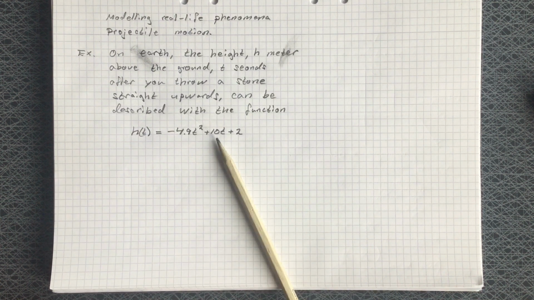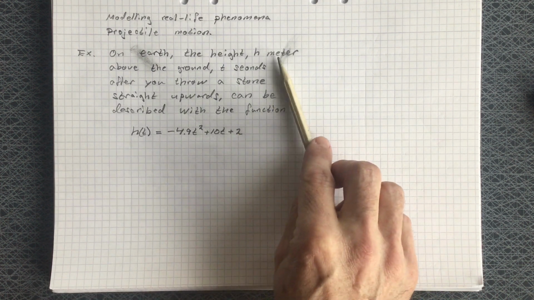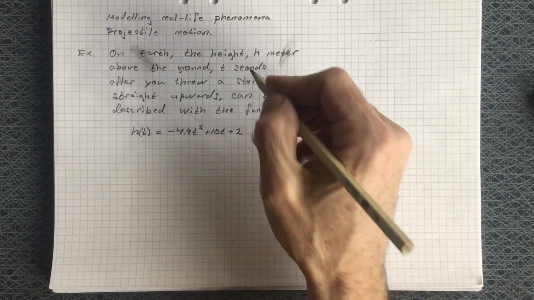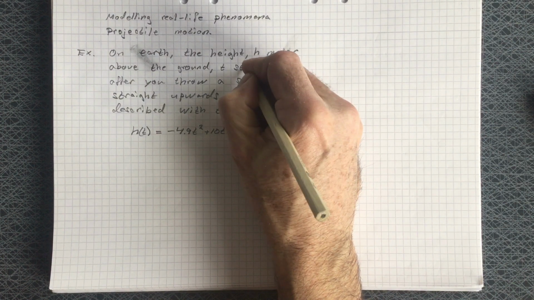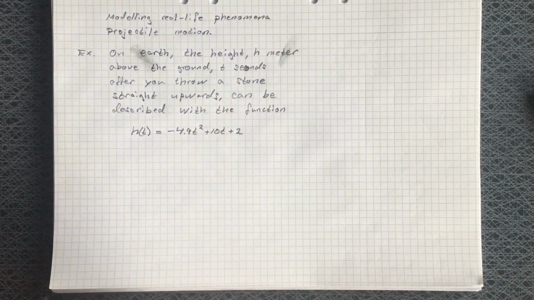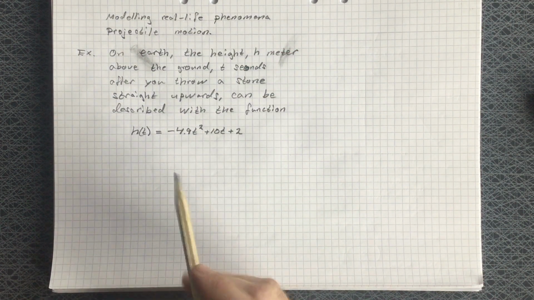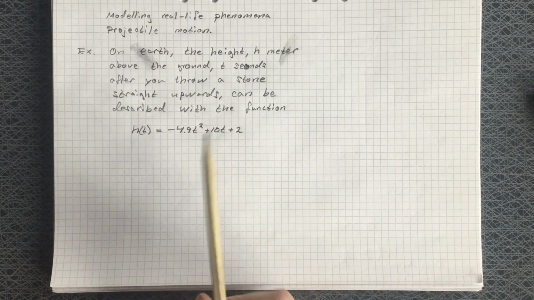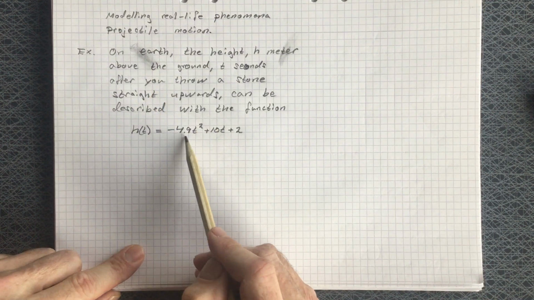Now, 10 is the speed that I throw the stone with. It's 10 meters per second. It has to be meters per second because the height is in meters and the time is in seconds. Oops, I see that I've misspelled seconds. Okay, and it's on Earth, so this has to do with the gravity on Earth.